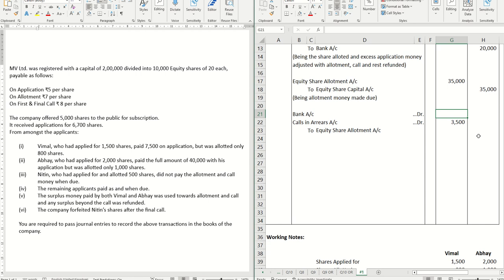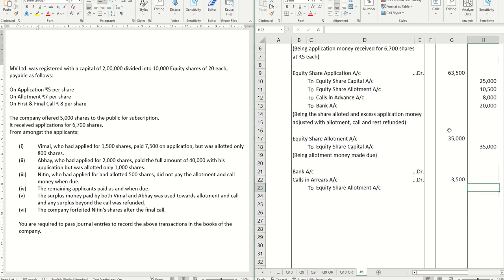For bank account, we are supposed to receive 35,000. However, we have already received 10,500, so we won't receive that again. So that will be a straight calculation here, 24,500. And here as well, out of 35,000, subtract the one that we have received here, subtract the one which is a defaulter, so it comes to 21,000. Okay, straightforward calculation.